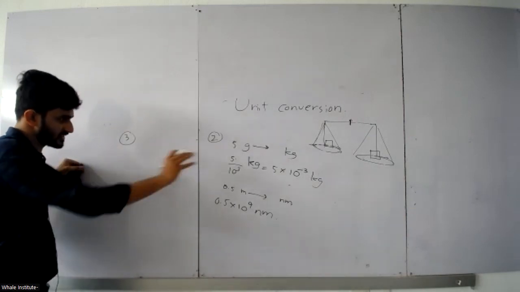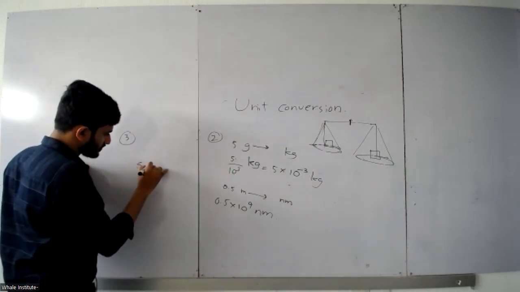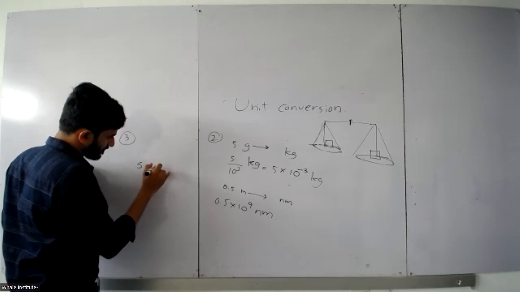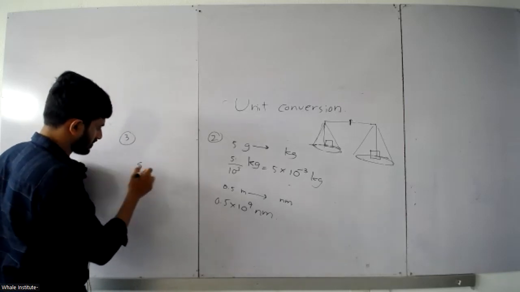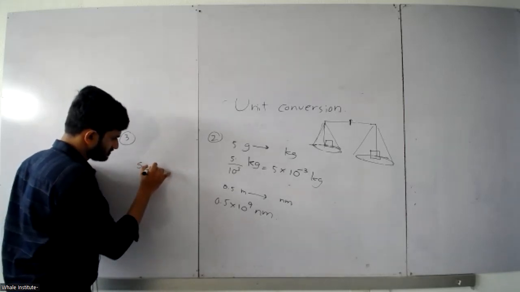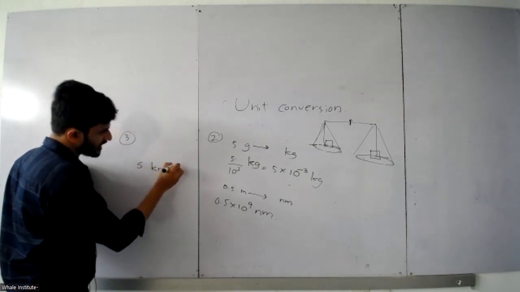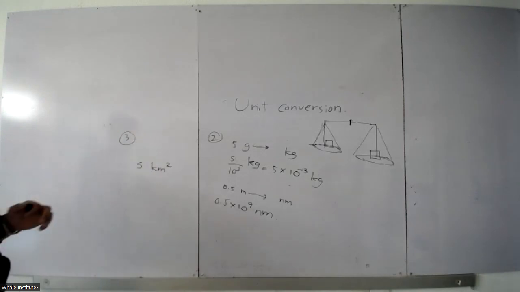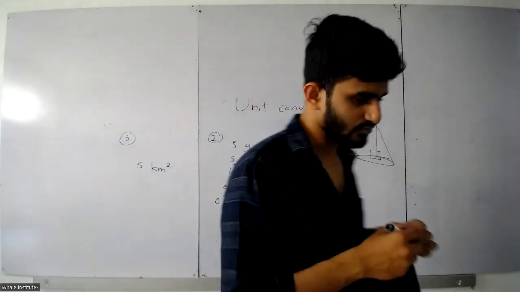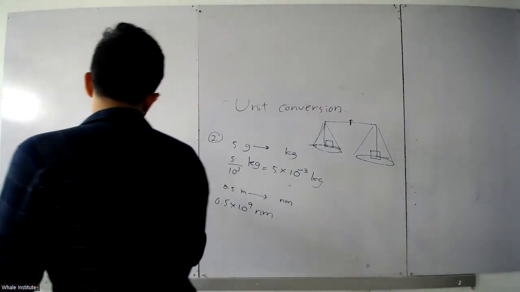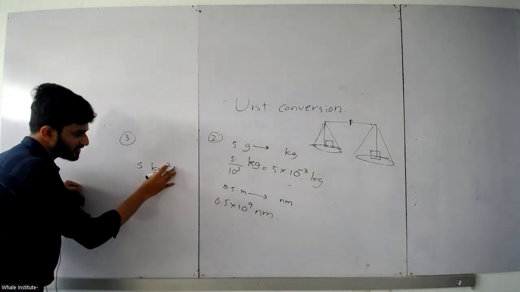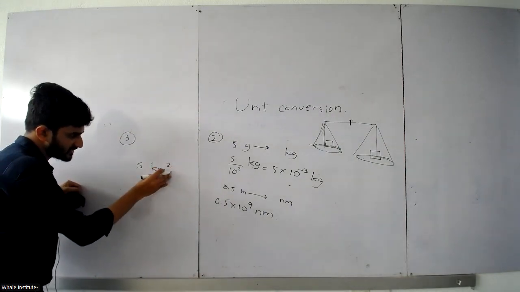Like this, the example. 5 square kilometers. Here there's a power of 2 attached to meters, the unit.